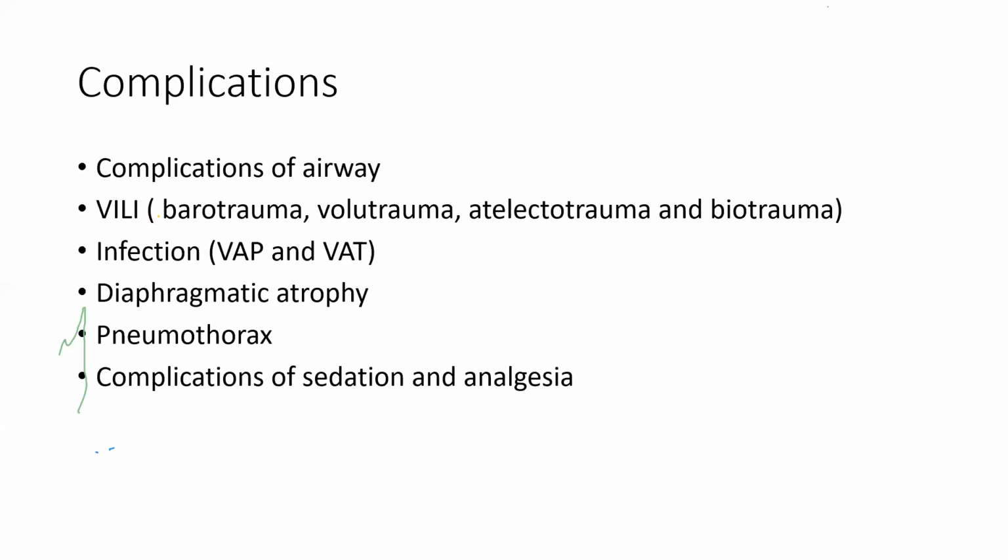Atelectrauma means harm caused to the lungs by the cyclical opening and closure of the alveoli during inspiration and expiration. And biotrauma means the local inflammation that happens to the lungs secondary to mechanical ventilation itself and causing harm, a picture of ARDS itself. So VILI is one category of complications.